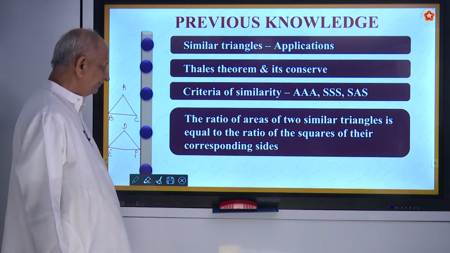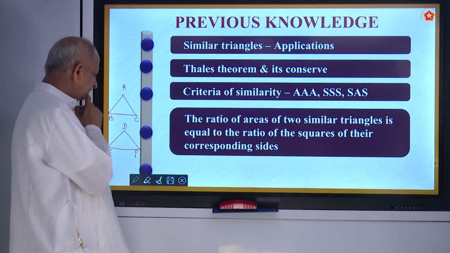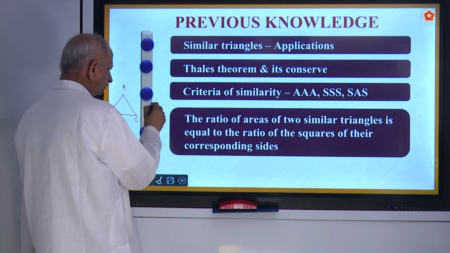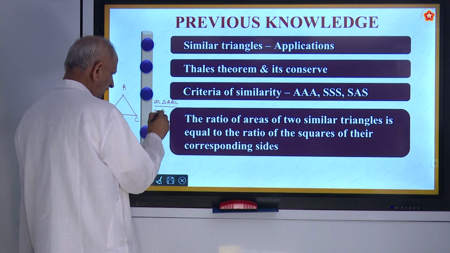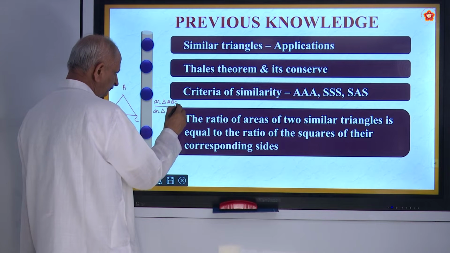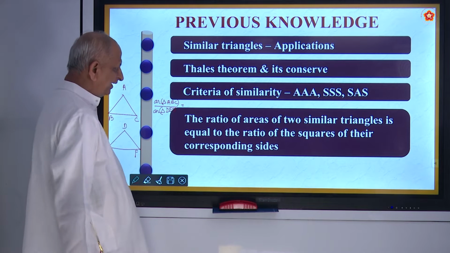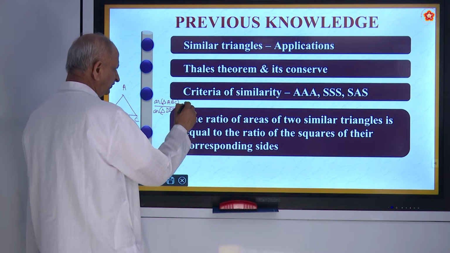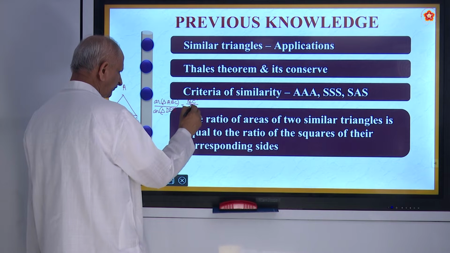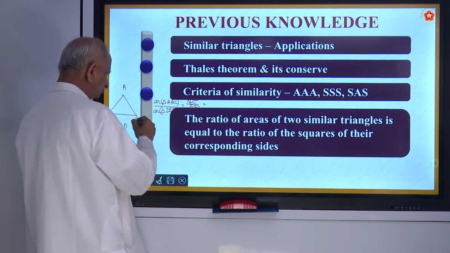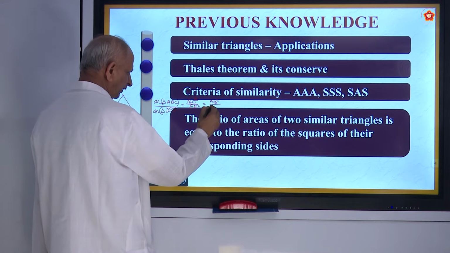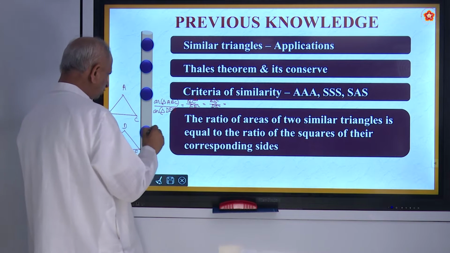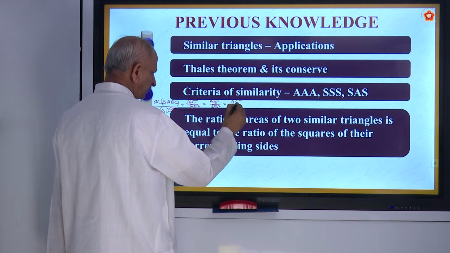Area of triangle ABC by area of triangle DEF is equal to the squares of the corresponding sides, BC square by EF square, also equal to AB square by DE square, also equal to AC square by DF square.